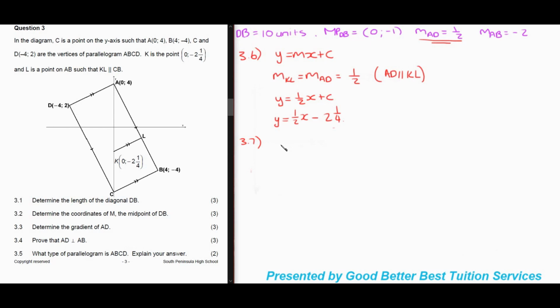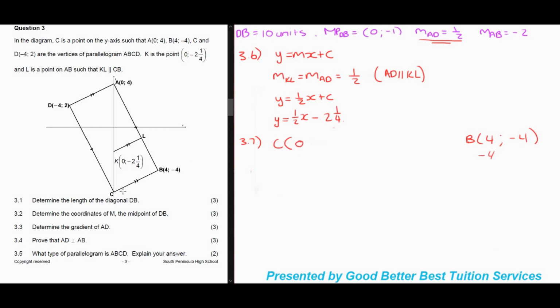So if we're trying to find point C, we're moving from point B, which on the right-hand side is (4; -4). Remember, A moved to D 4 units to the left. Moving 4 units to the left affects the x value, so it's minus 4, and 4 minus 4 gives me 0.